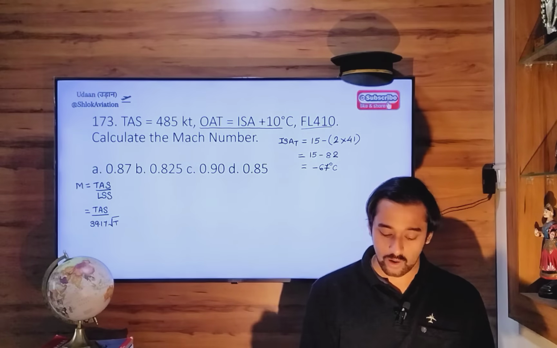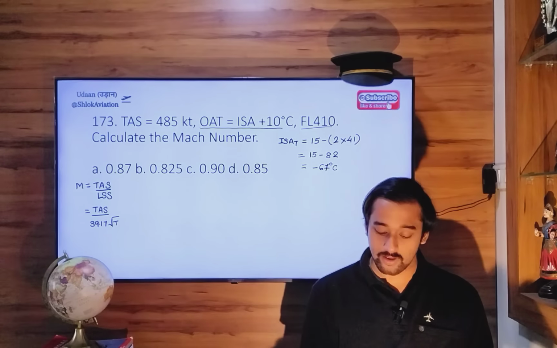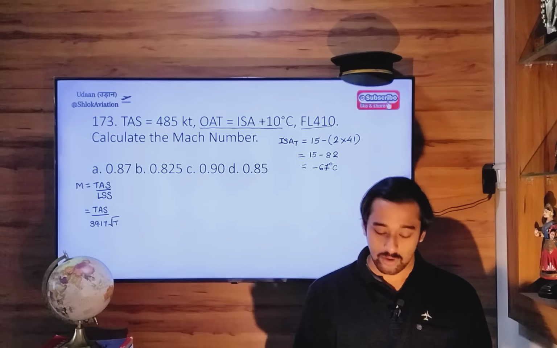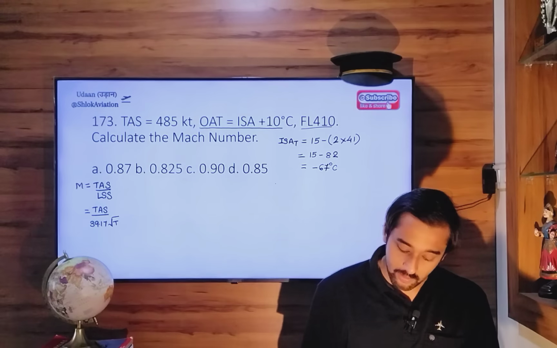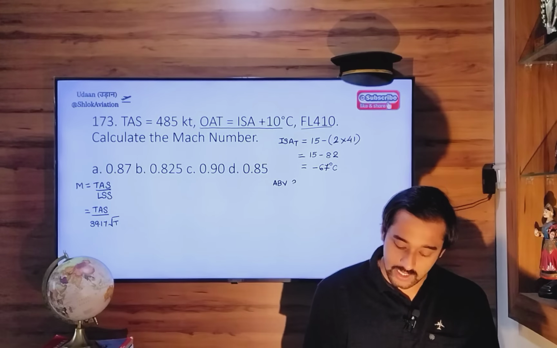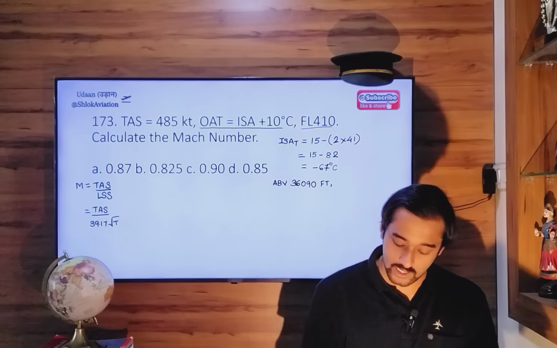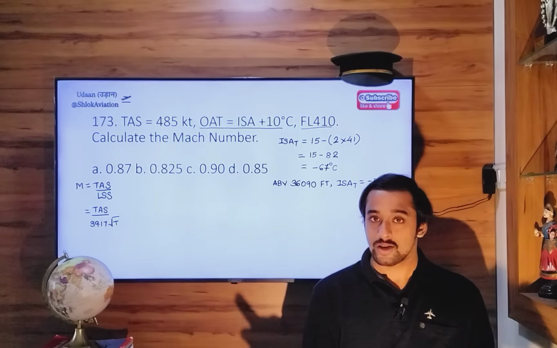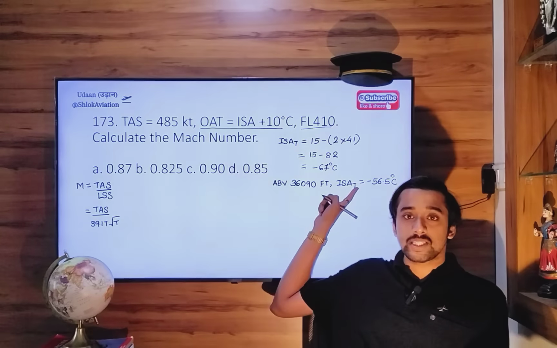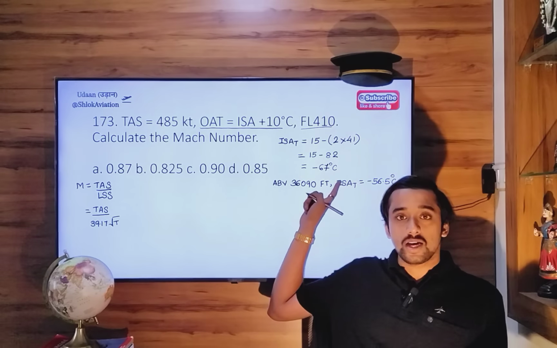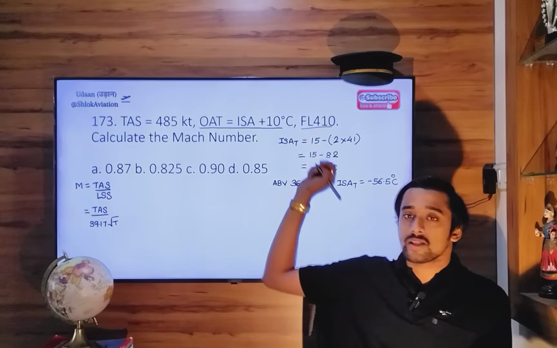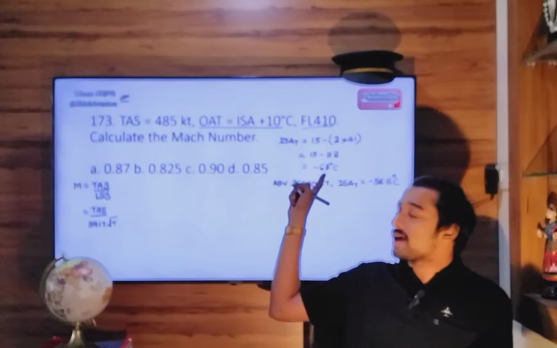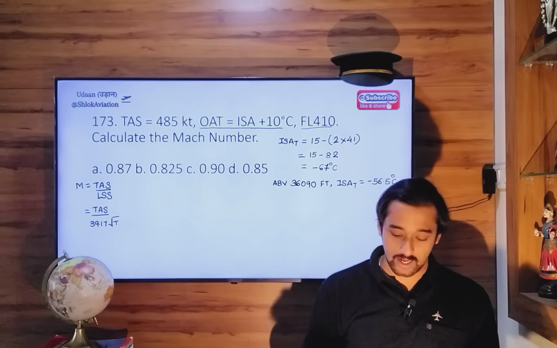But one more thing. Now this we have calculated according to our lapse rate. But one more important fact is that above 36,090 feet, ISA temperature is constant at minus 56.5 degrees Celsius. So you will have to select minus 56.5 degrees Celsius as your ISA temperature at 41,000 feet, not minus 67. Remember that.